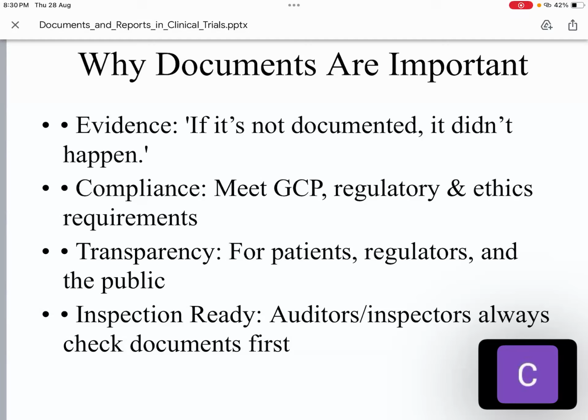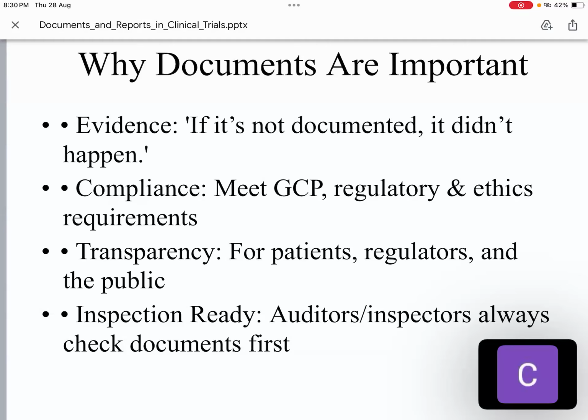For example, I have done a monitoring and there is no report. How will I ensure that monitoring has happened? Can someone prove it? How will they prove it? No matter how good my intention is, there may be a patient number 501. Tomorrow that patient feels that during clinical research they have not been treated well, they have not been taken care of, they have a right to take you to court.